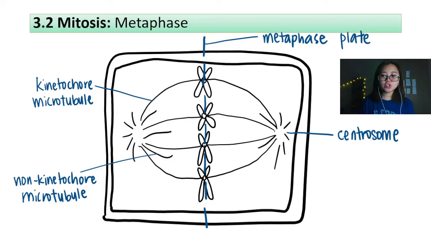Alright, so something you should pay attention to kalau kamu kena minta untuk lukis diagram, yang paling penting untuk kamu label untuk metaphase adalah metaphase plate. So kalau tidak terlabel kinetochore microtubule, tidak terlabel non-kinetochore, tidak terlabel centrosome, it's okay. Yang penting label metaphase plate.